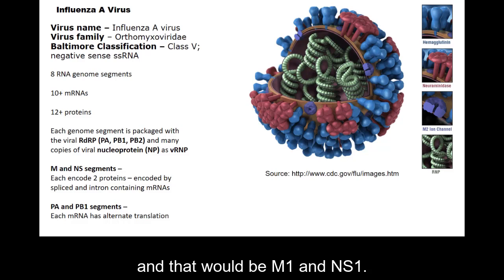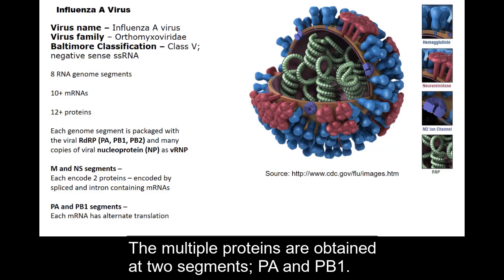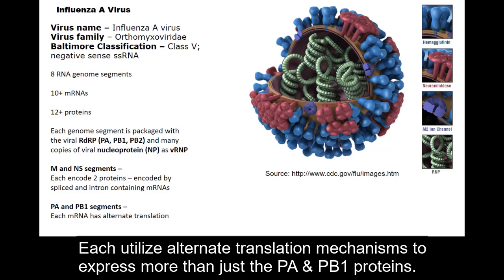Multiple proteins are also obtained because 2 segments, PA and PB1, each utilize alternate translation mechanisms to express more than just the PA and PB1 proteins.